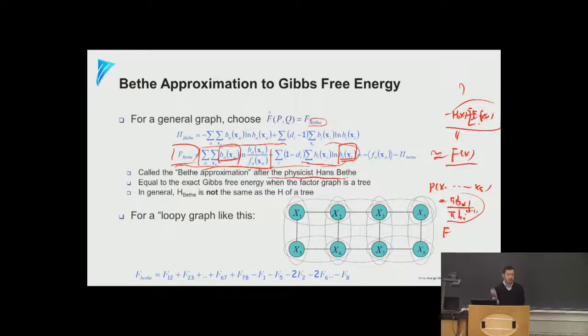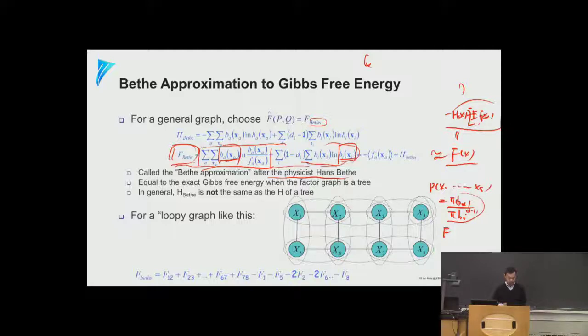Now, if you recall the mean field story, there we said we're going to solve for Q by minimizing the KL divergence between Q and P. Here, the story is a little different. I'm going to directly solve for all the pairwise marginals and the singleton marginals by minimizing what is called the Bethe free energy. And why does it make sense?